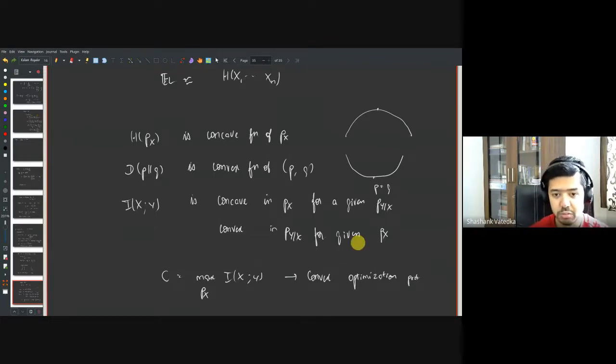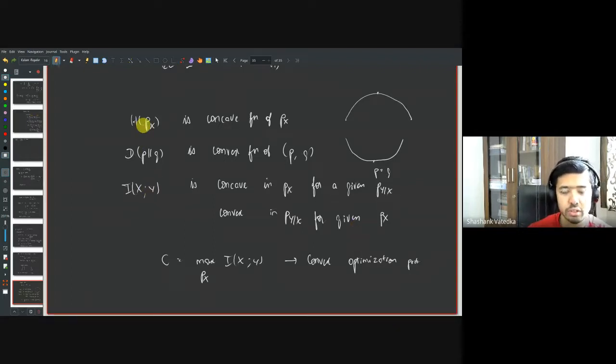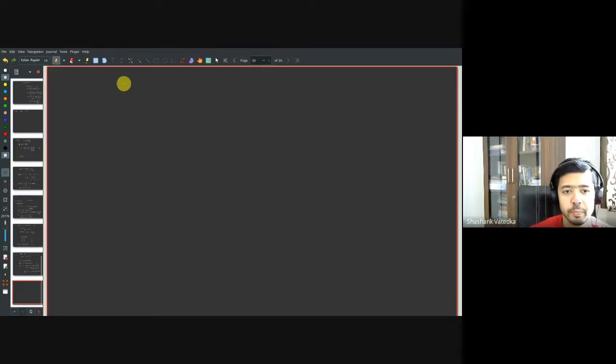Okay, so it's a good point. I agree that this is a consequence of this. So let's just quickly look at it. So I(X;Y), this is H of X minus, so this is not H of X minus H of Y given X. This is H of X minus H of X given Y. Right?